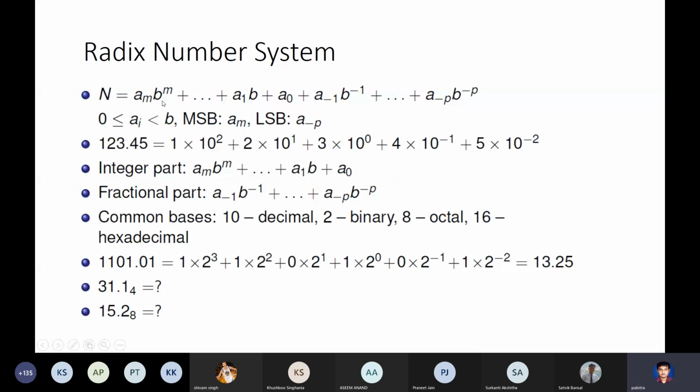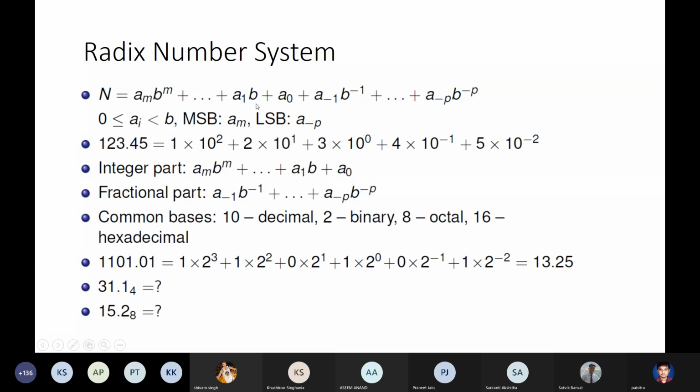Okay, so the weights are powers of the base. The 0th position has a weight of b to the power 0, and as you go to the left, towards the most significant part, you have b square and so on, b to the power m.